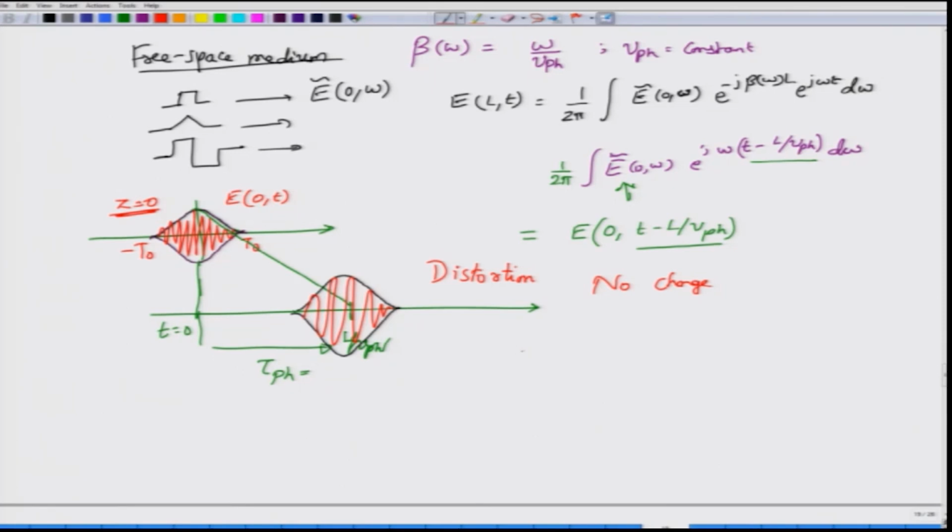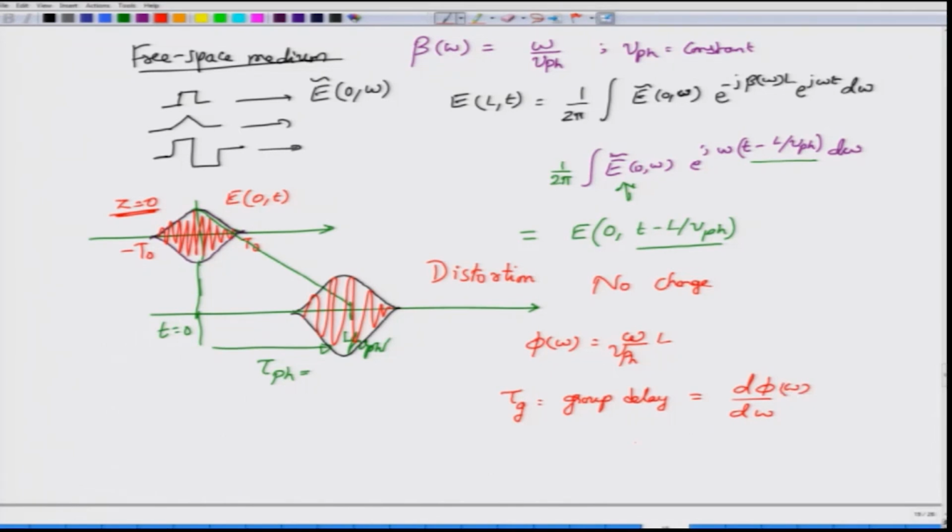So, the phase spectrum phi of omega is given by, since I have used e to the power minus j omega, I do not have to use a minus here, omega by VPH times L. So, this is the phase spectrum, and we define something called group delay, okay, you will soon see why this is called group delay, by d phi by d omega.